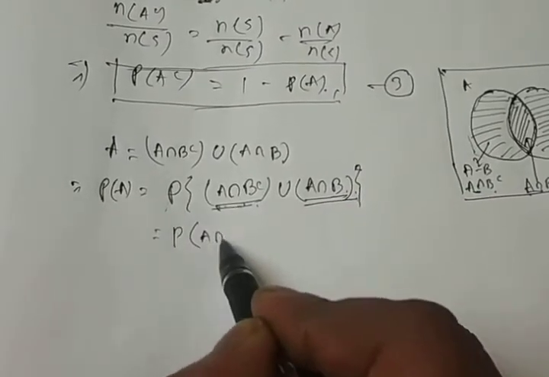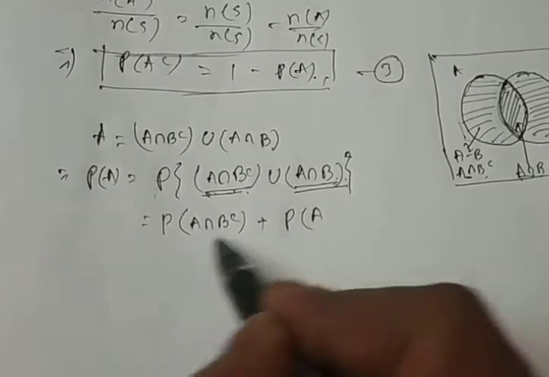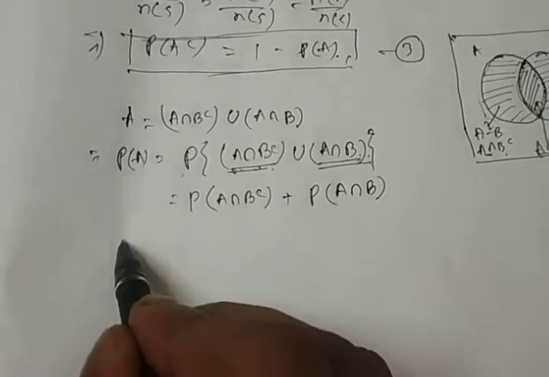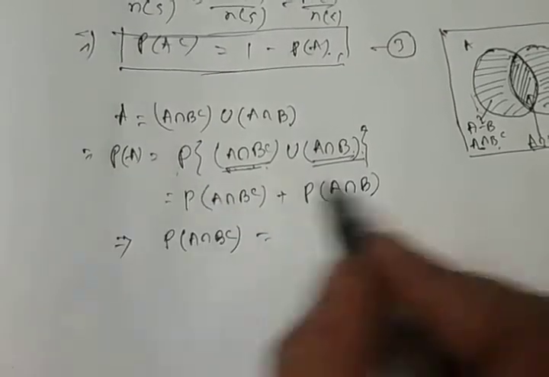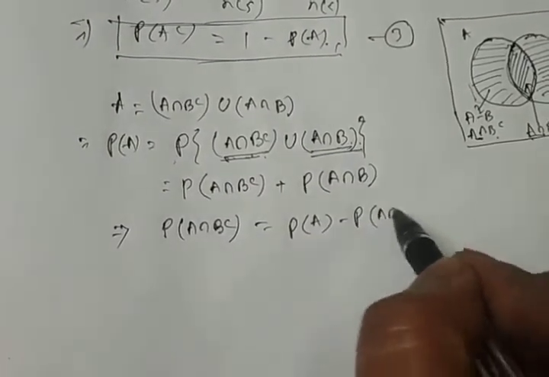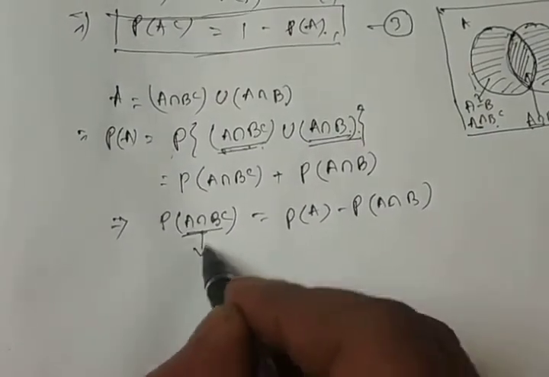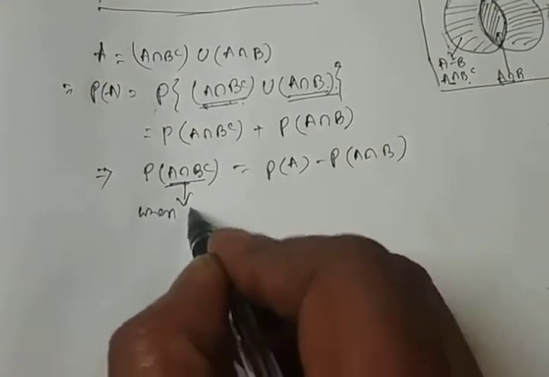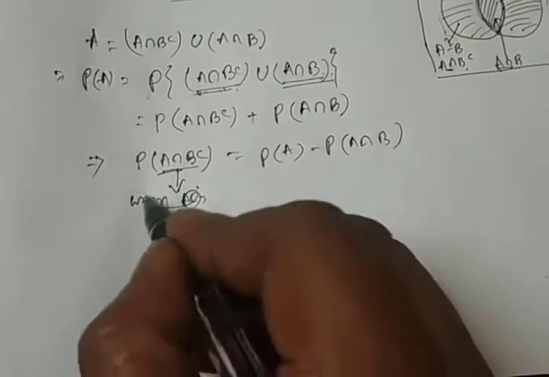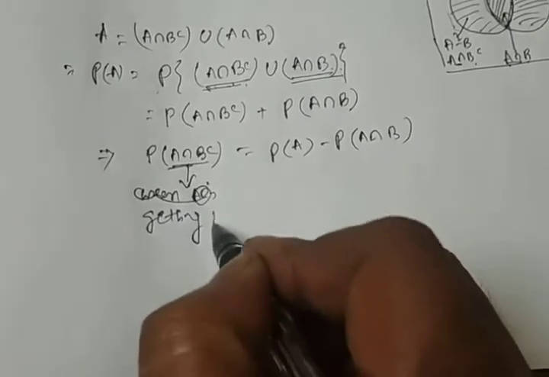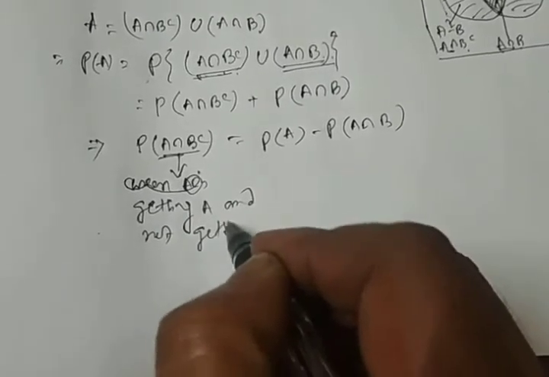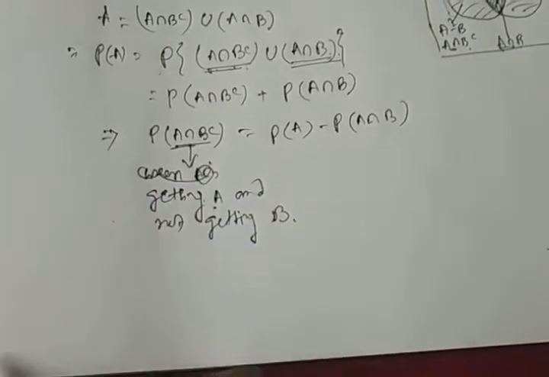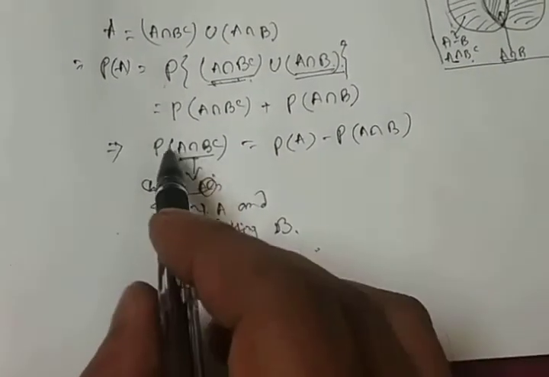So using the property, this will be P of A intersection B complement plus P of A intersection B. So we will get P of A intersection B complement equals P of A minus P of A intersection B. This set is the event of getting A but not getting B. Not getting B means B complement and getting A means A. Together, their intersection, A intersection B complement.